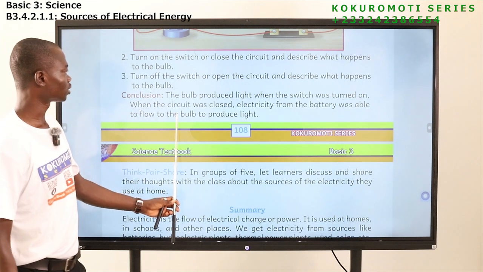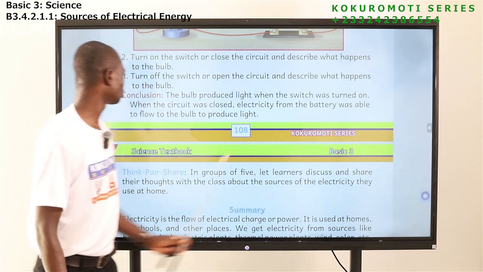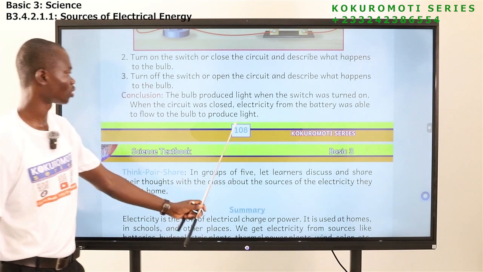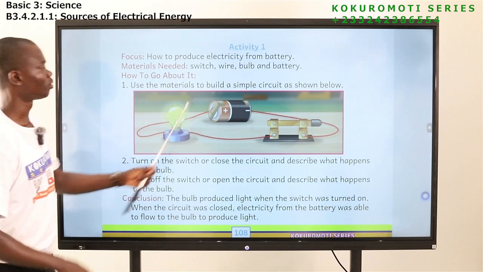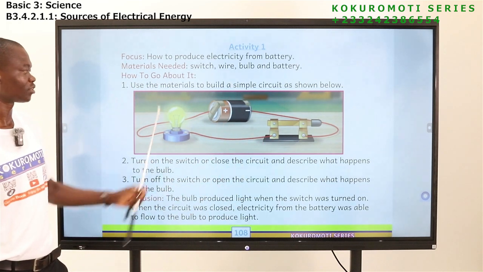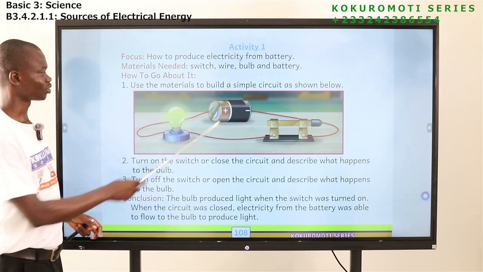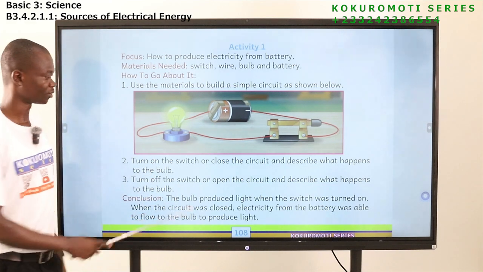When the circuit was closed, the electricity from the battery was able to flow to the bulb to produce light. So battery is used to produce light. So this is battery for you. You are going to perform this activity.